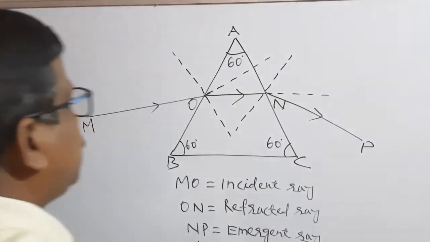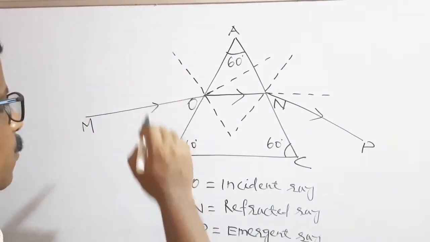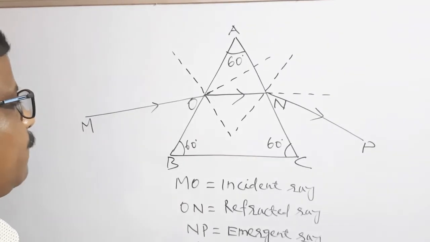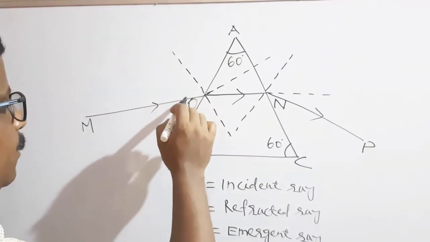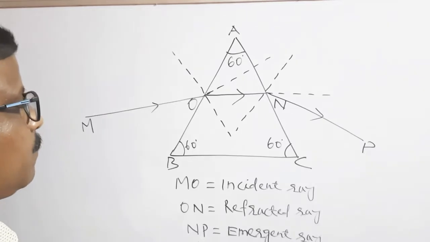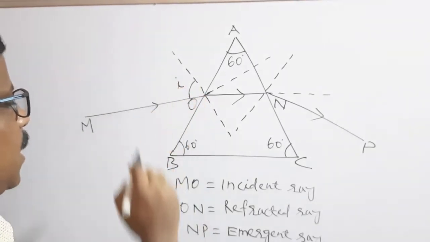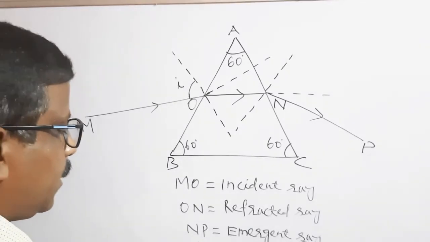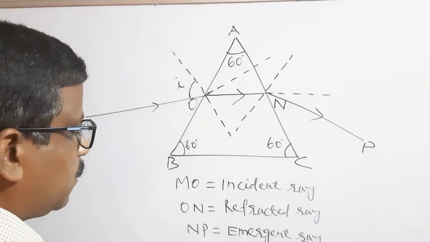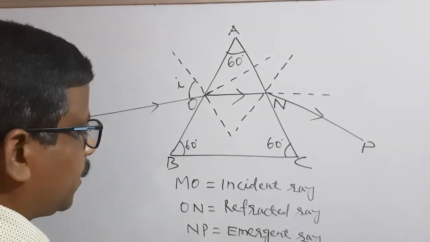Now, this incident ray, I have told you the terms related to refraction. The angle formed between the incident ray and the normal is called the angle of incidence, i. So here you write i is the angle of incidence.